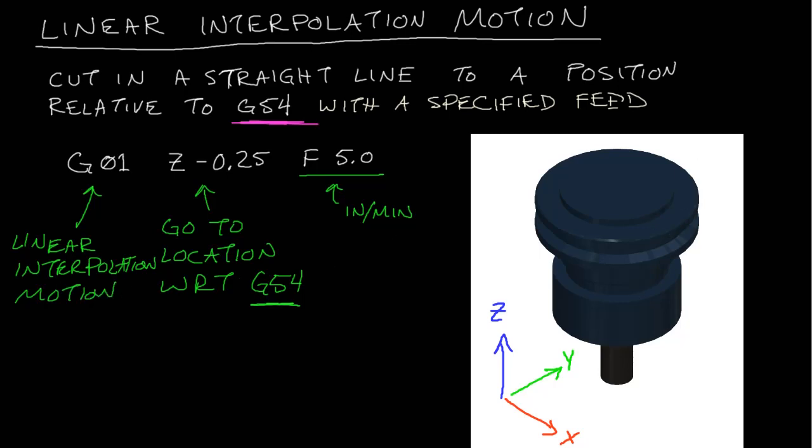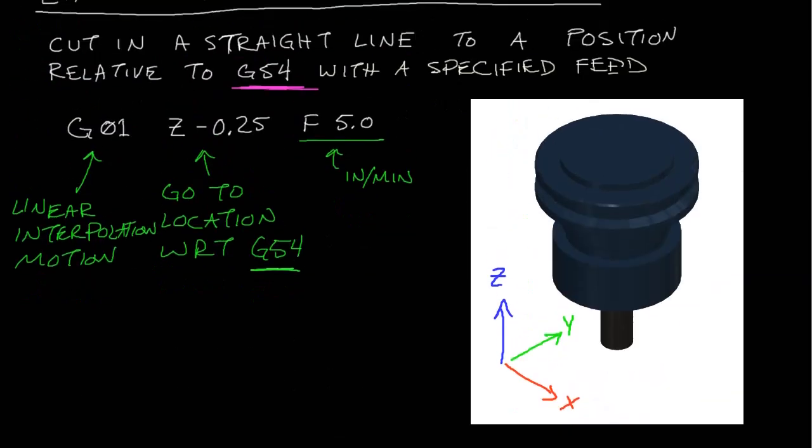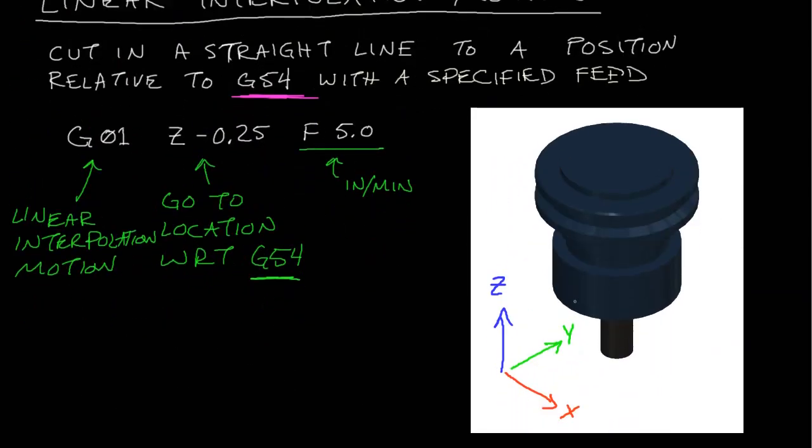Okay, so let's take a look at this tool right here. We can see that if we were to use this code and this tool was in a position above Z minus 0.25, so let's say this point right here is X equals 1.500, Y is equal to 0.2500, and Z is equal to 0.200.